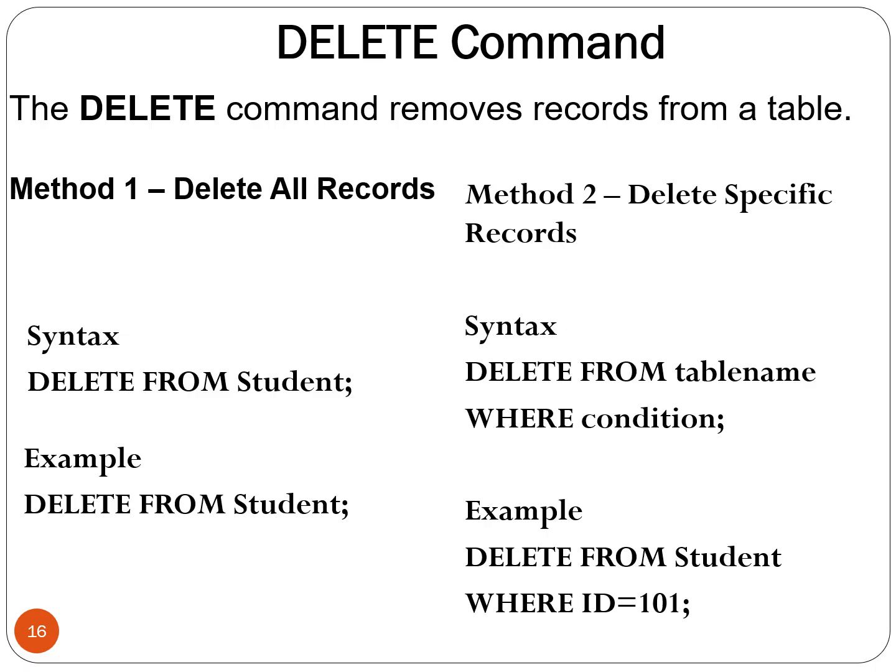Syntax: delete from table name followed by the where condition. Here, the where condition specifies which records need to be deleted. For example, delete from student where age greater than 20. So this syntax deletes only the students whose age is greater than 20.